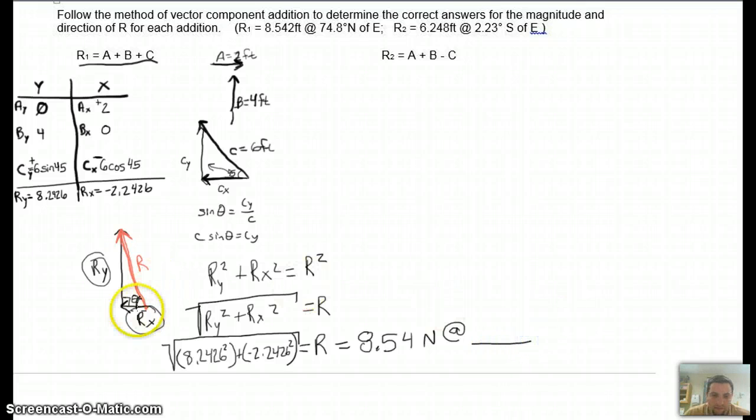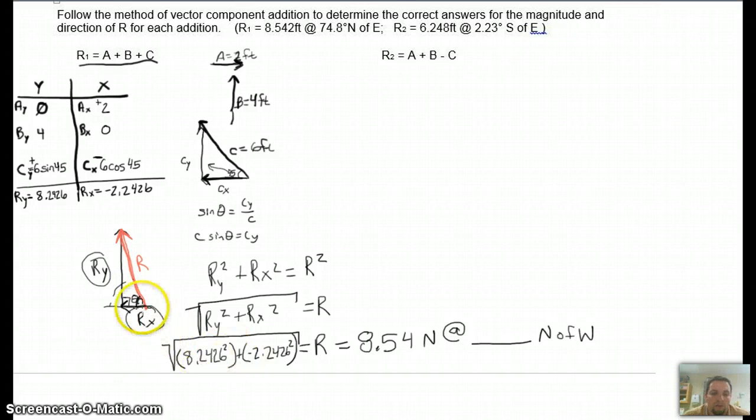We'll fill that in, and you got to figure if it's north of east or north of south, or south of west. This angle right here represents north of west, because if I'm going straight west, the angle represents going north from that straight west there.